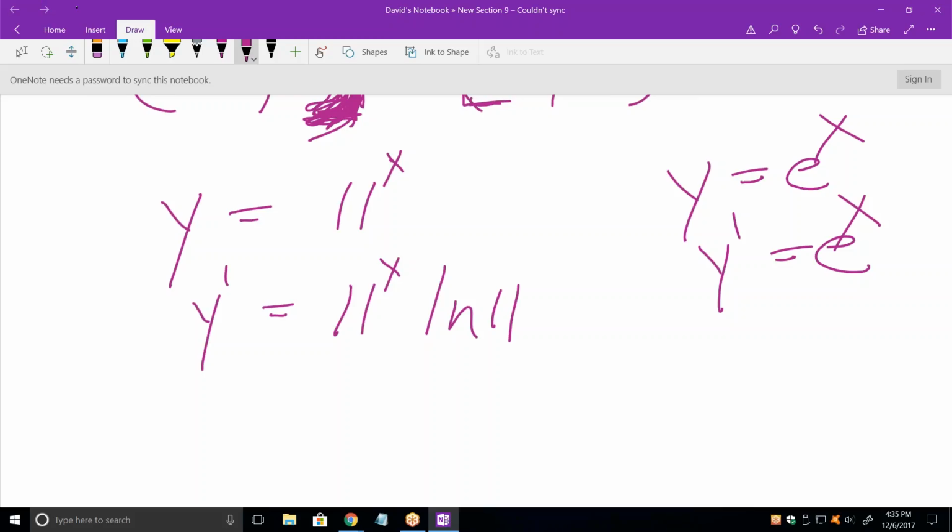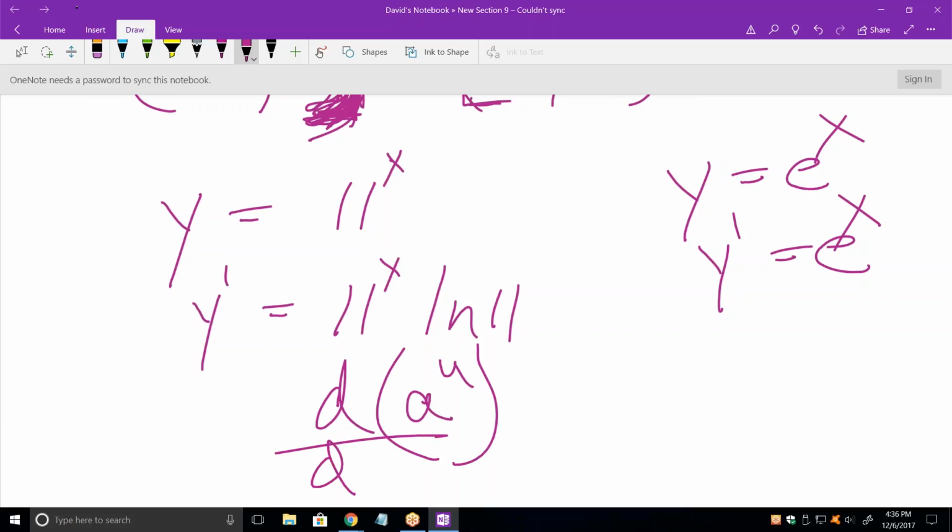But what it says is if I have a to the u, then the derivative of a to the u with respect to x is going to be natural log of a times a to the u times u prime.